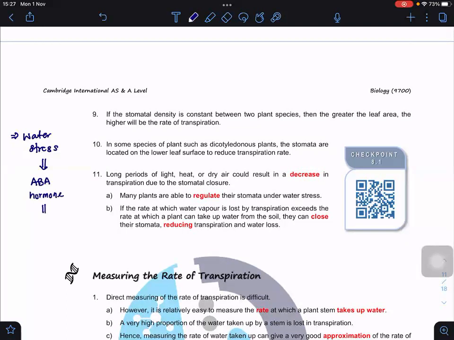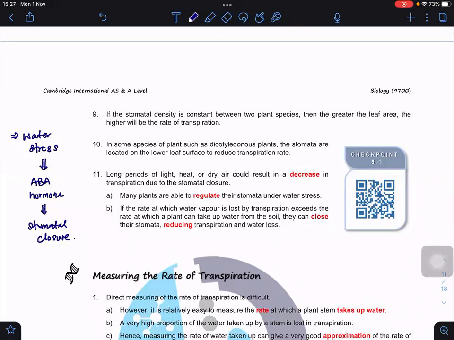This ABA hormone can cause stomatal closure, because plants cannot afford to lose too much water. Are you clear? You cannot. So when the plant releases this hormone, it results in the closure of the stomata. Therefore, you can see that the rate of transpiration decreases.